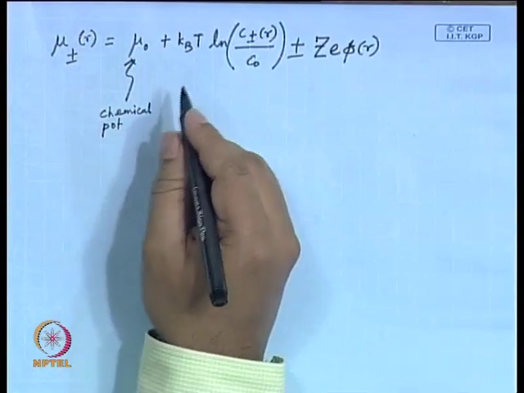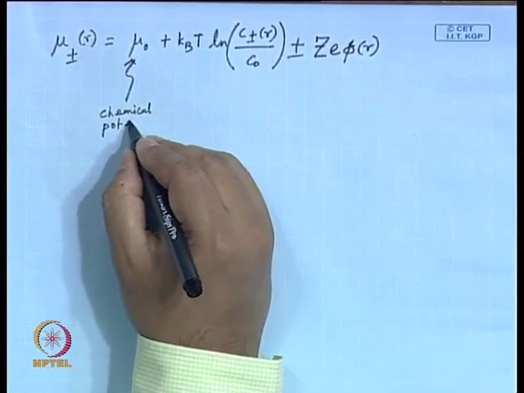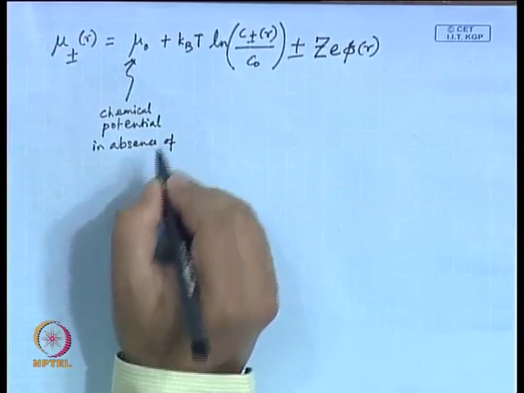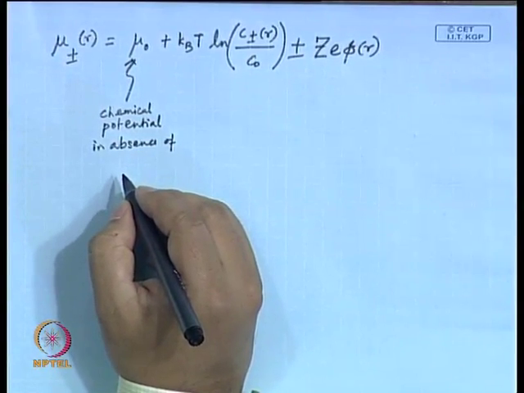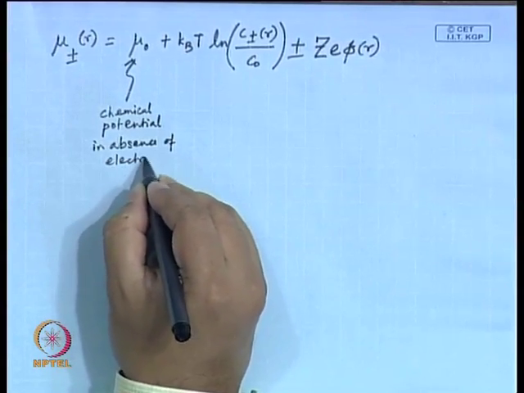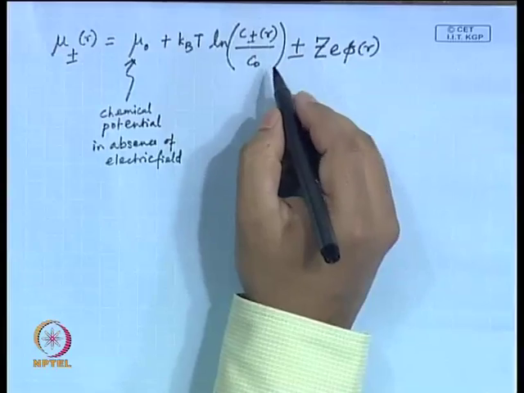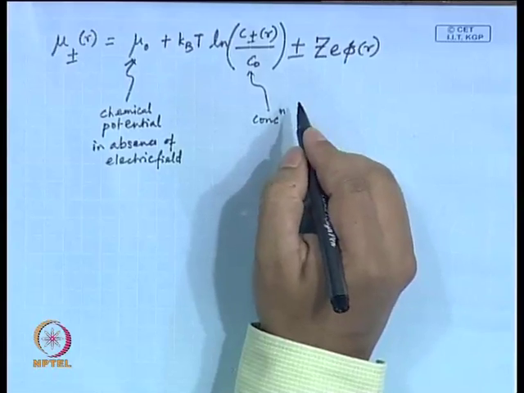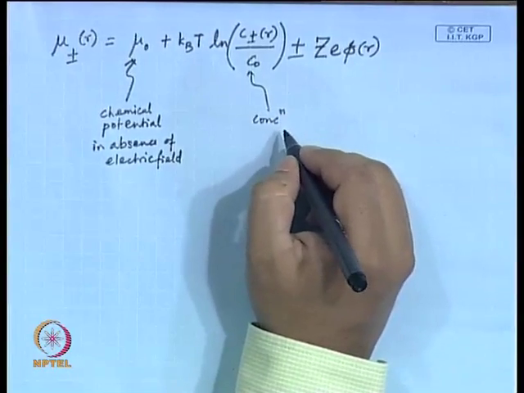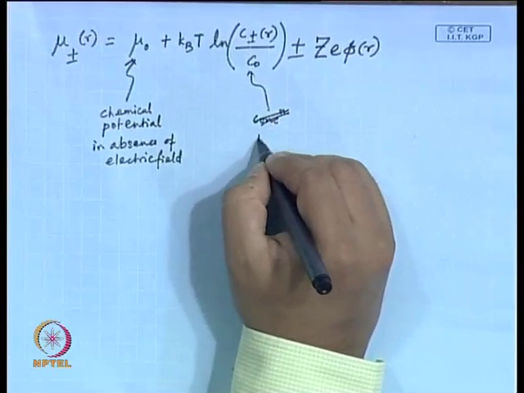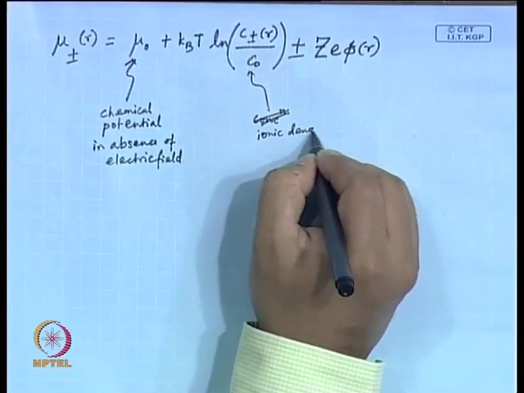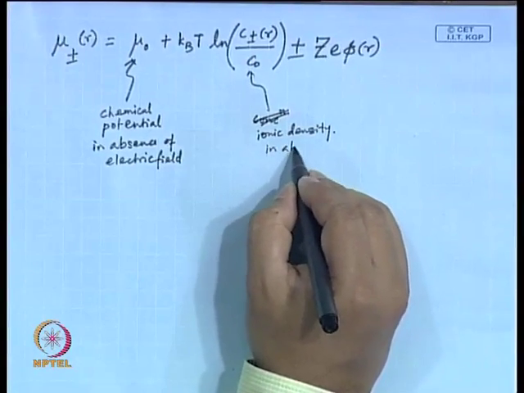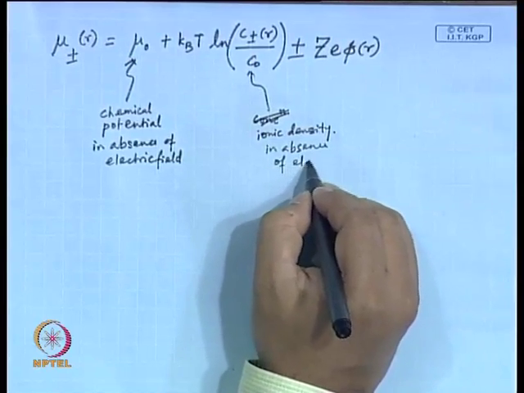And this C 0 is the concentration, or I would say the ionic density, in absence of electric field.